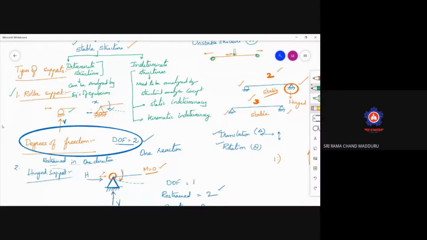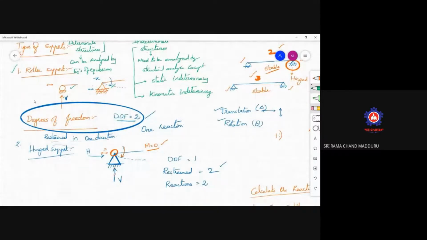This roller support is restrained to move along the y direction, is free to move along x, and rotation about z is accepted. So the degrees of freedom for a roller support is 2.